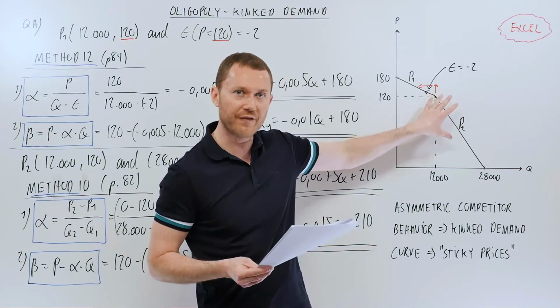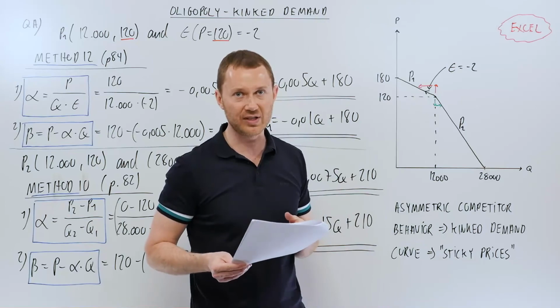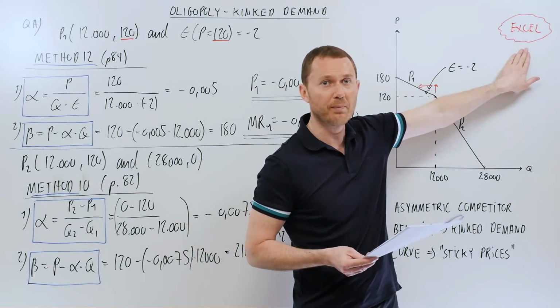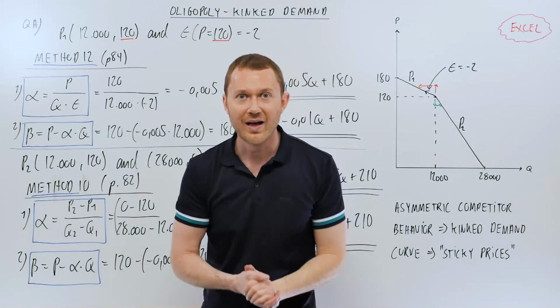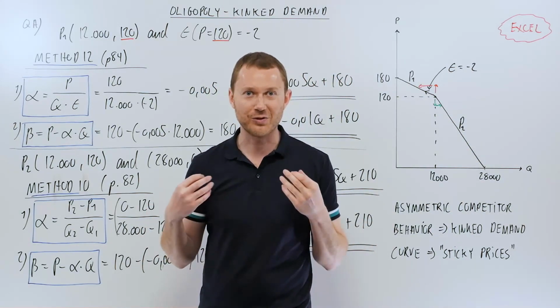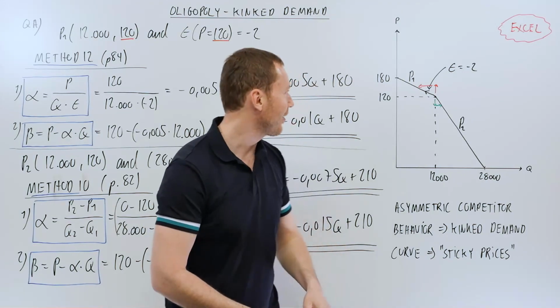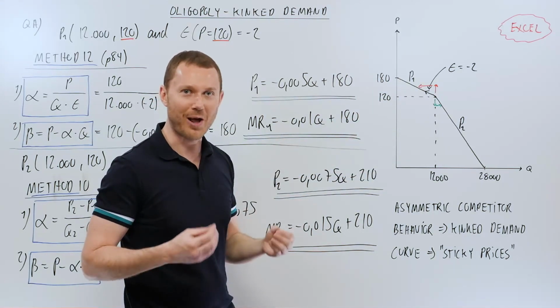I'll make a new graph where I substitute in the MR function and the MC function also. And I've also shown it in Excel for you if you prefer that. So watch in the next video how we optimize the contribution margin and find out what the baker should do in this problem.